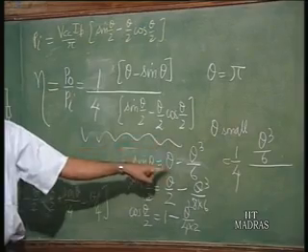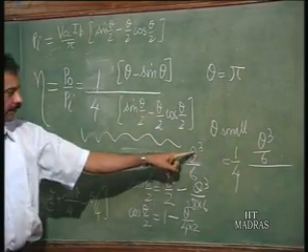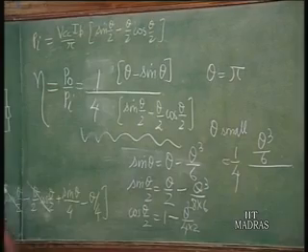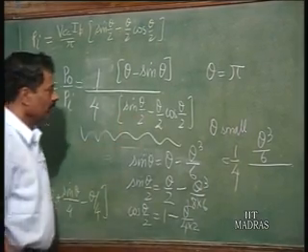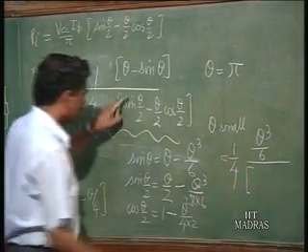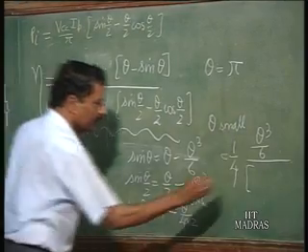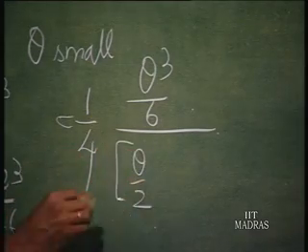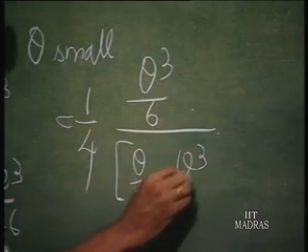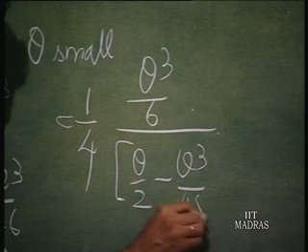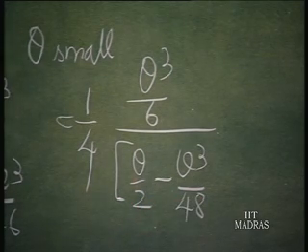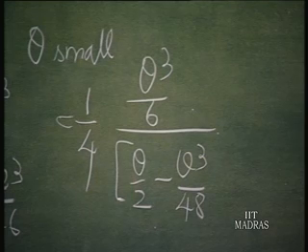Theta minus sin theta, theta theta get cancelled, theta cubed by 6. Then in the denominator sin theta by 2, which is theta by 2 minus theta cubed by 48, right, theta cubed by 48.